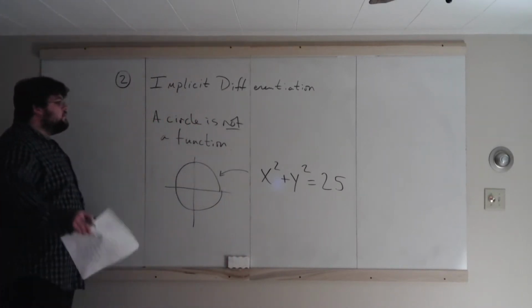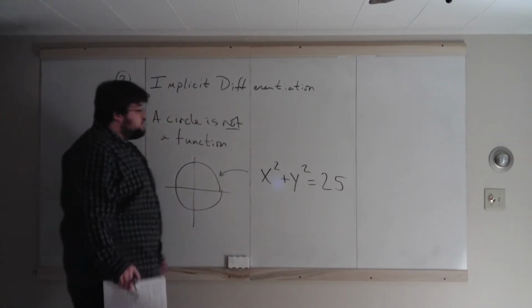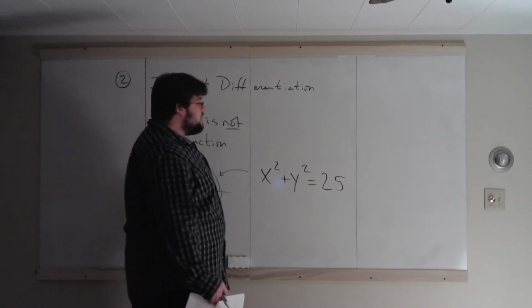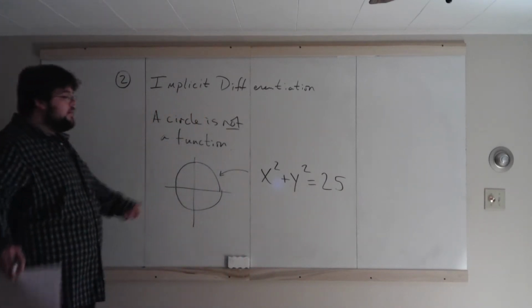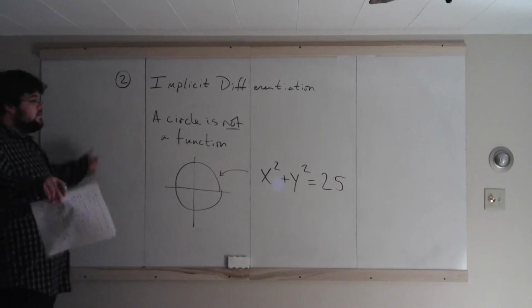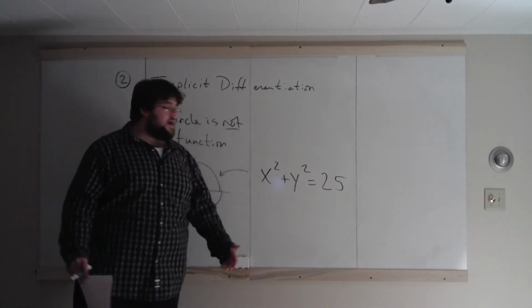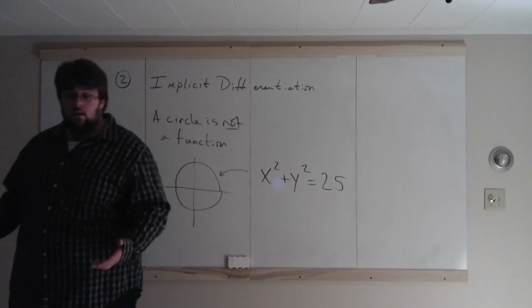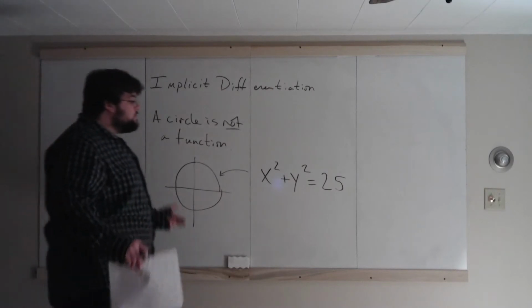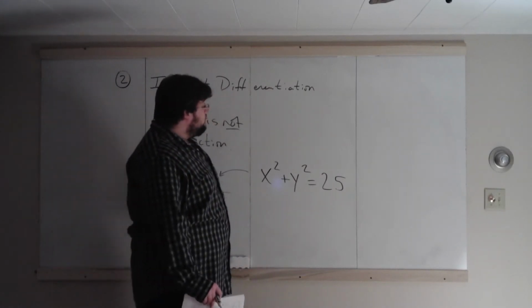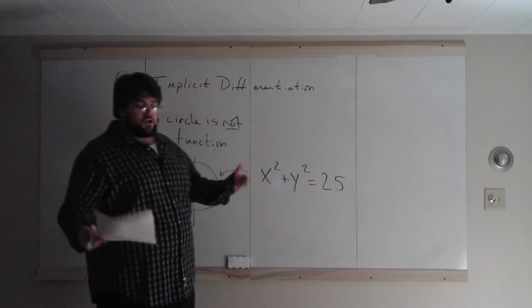Using this equation, y is not a function of x. x is also not a function of y. But this equation defines y in terms of x. It doesn't define y explicitly in terms of x, and if you tried to solve this for y, you'd have to make a choice.